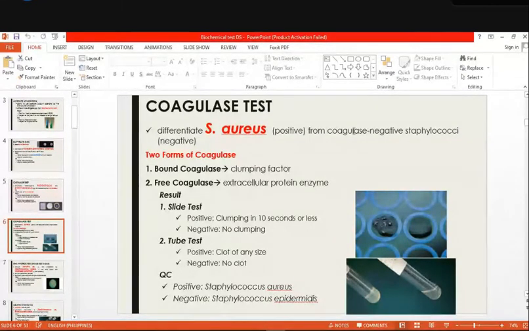So how do you do the tube test? We said it detects the free coagulase. Free coagulase is different from bound coagulase in that it is an extracellular protein enzyme.